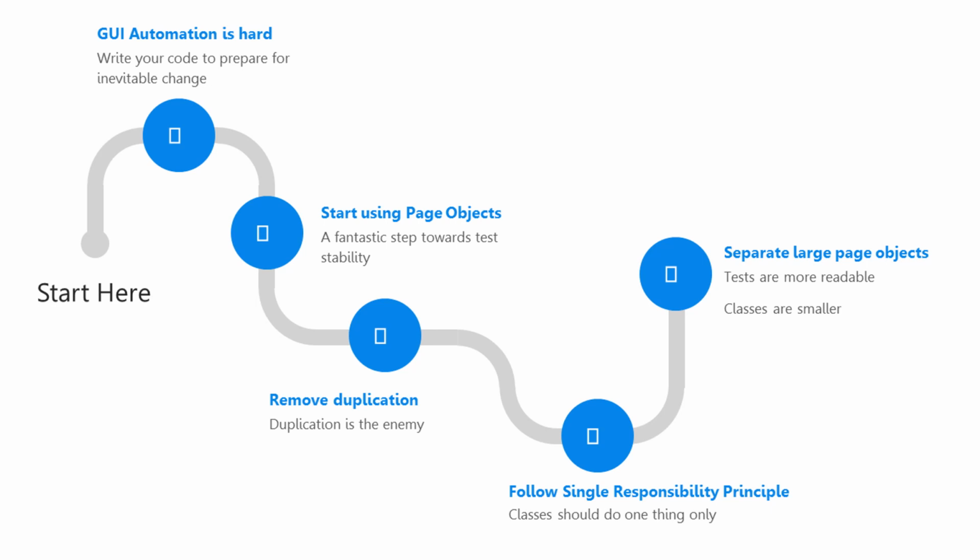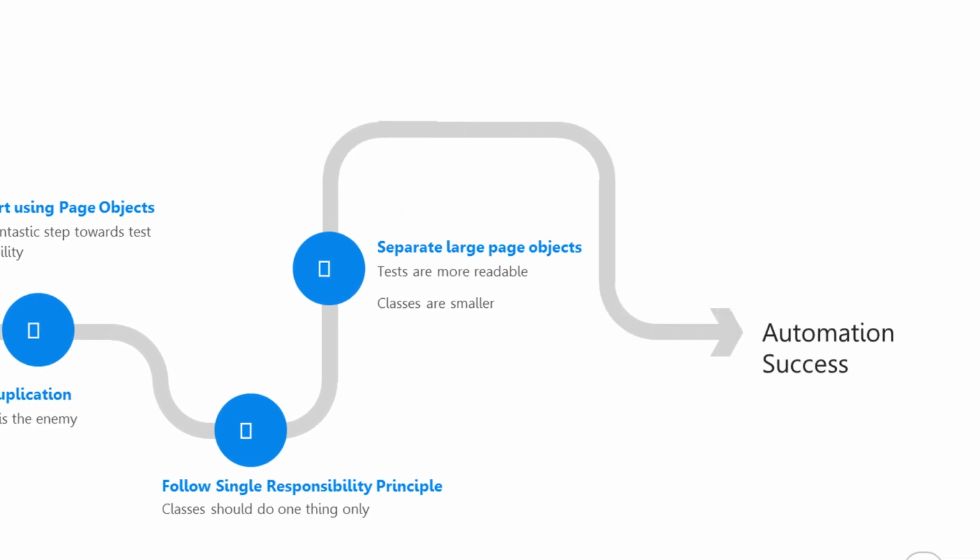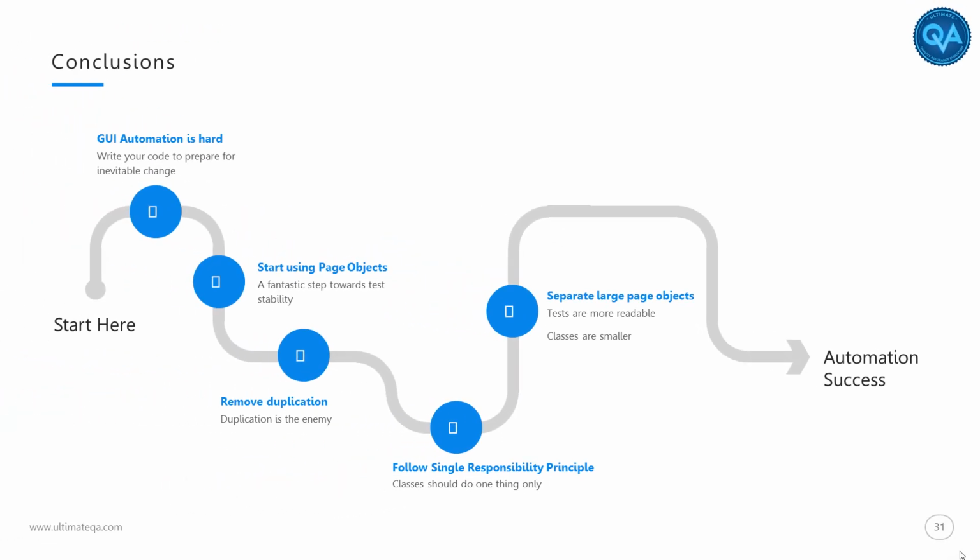Also, separating large classes into much smaller classes allows you to use composition to create your classes, which is one of the patterns that people want us to follow. Use composition over inheritance. And with all of that, our journey comes to an end.